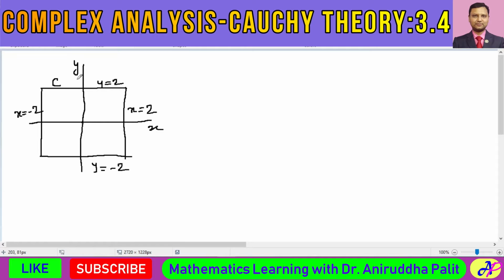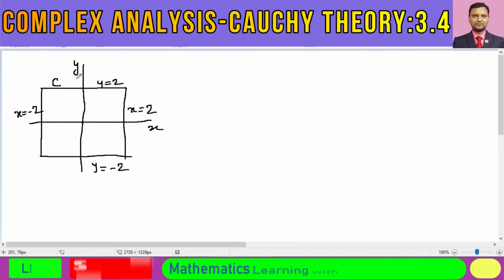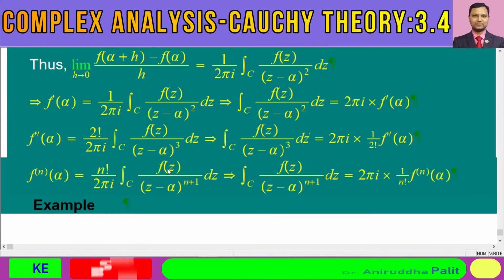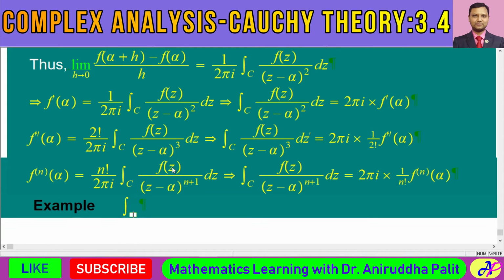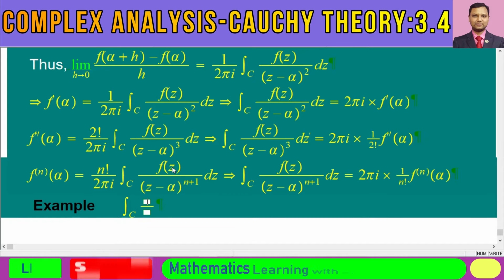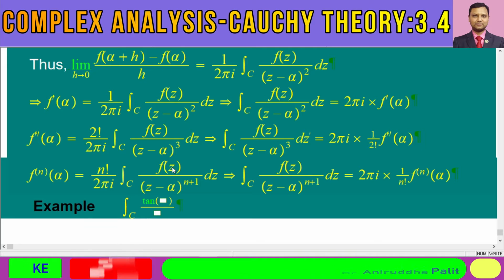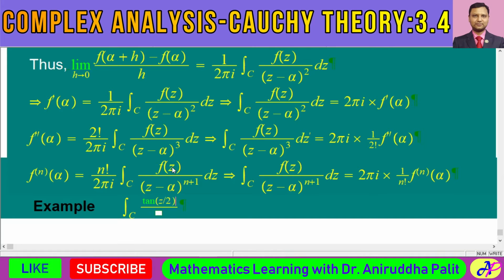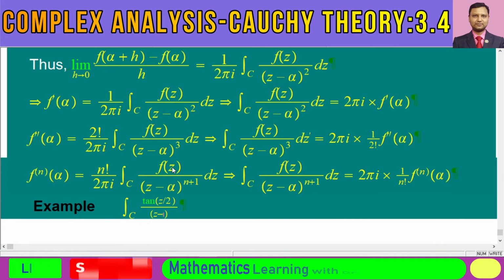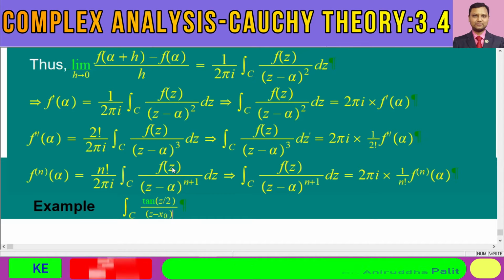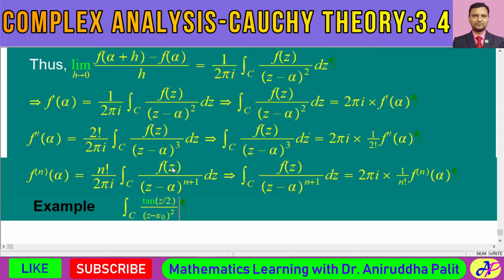Now what we need to do is evaluate the integral over this curve C of the function tan of z by 2 divided by z minus x0 whole square dz.